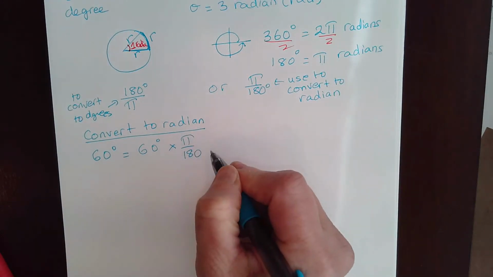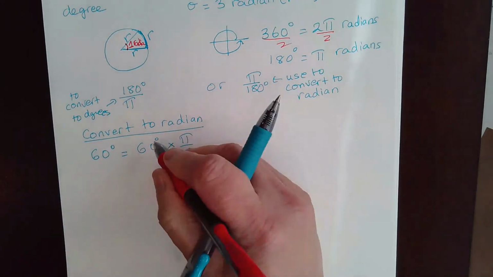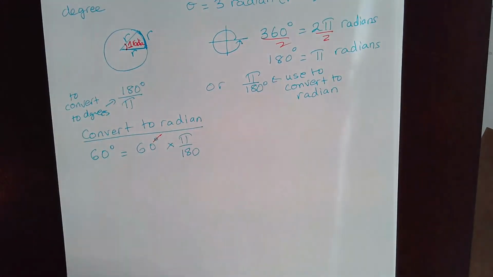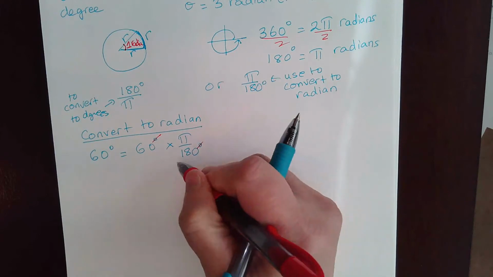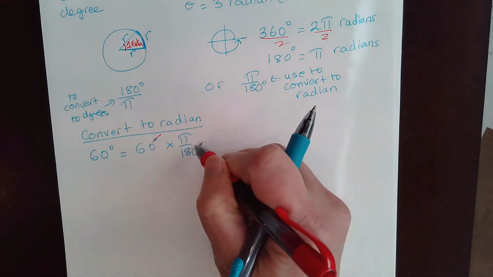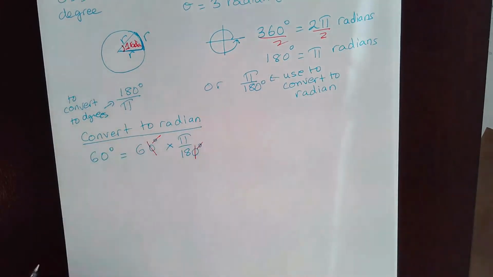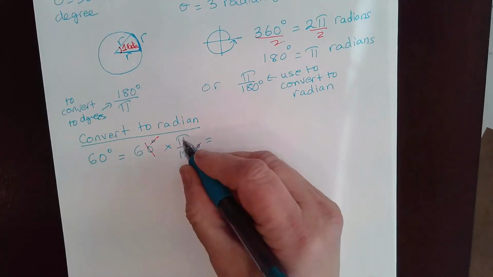And as you can see here, the degrees would be canceled with the degrees here. Then obviously the 60 and 180 would also be canceled, so the 0 and the 0 would cancel. You have 6 pi over 18.